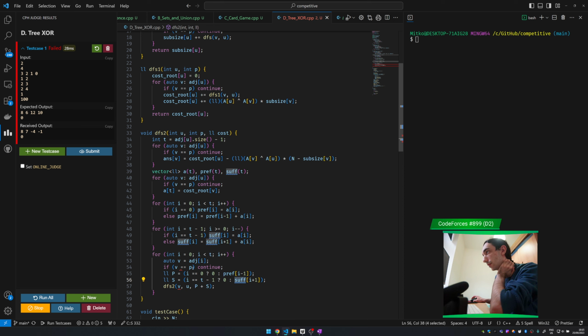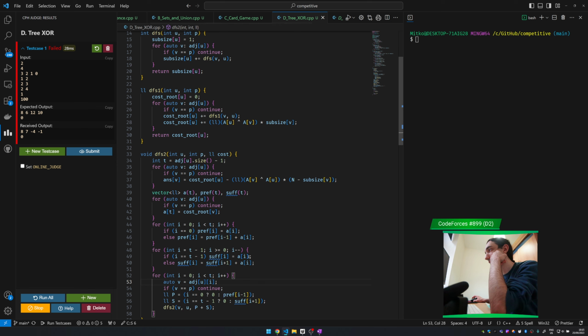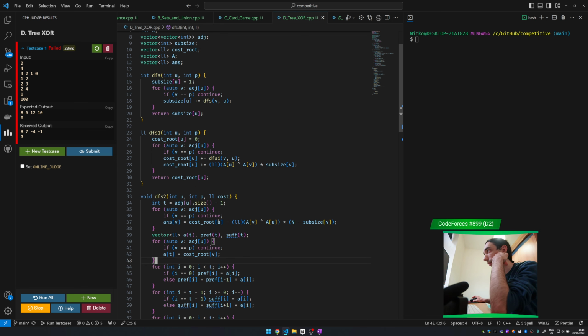The suffixes are fine. Adjacency at u at I. That's what we're propagating down. These are the suffixes. This is the cost, cost being this root node.